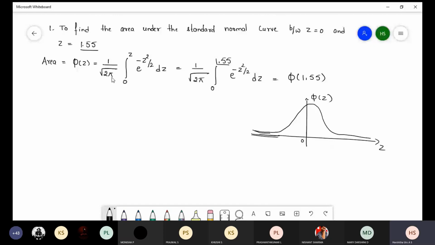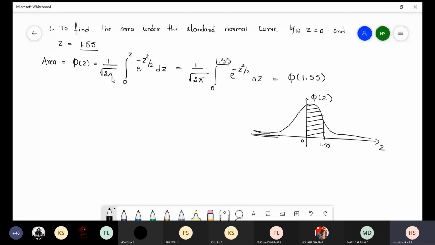Here they have given 0 to 1.55. I mark 1.55 here. This is the area we have to find out, 0 to 1.55.